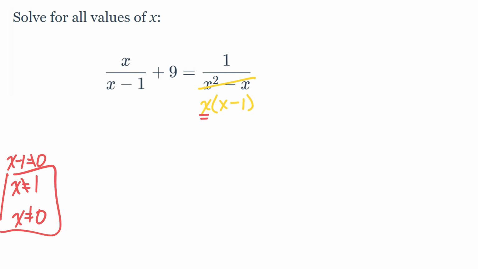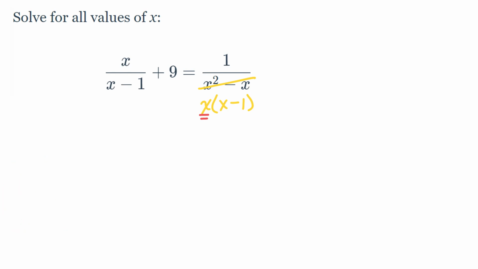Okay, so what we're going to do on this one is just kill the denominators. It's going to be a good bit of work trying to get the common denominator and trying to get this in the proportion method. So we are just going to kill the denominators. All right, so the way you do that is you just multiply by what's there.